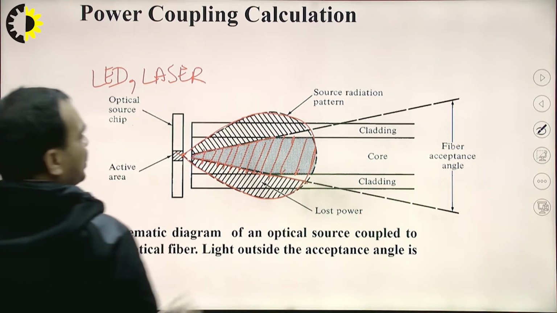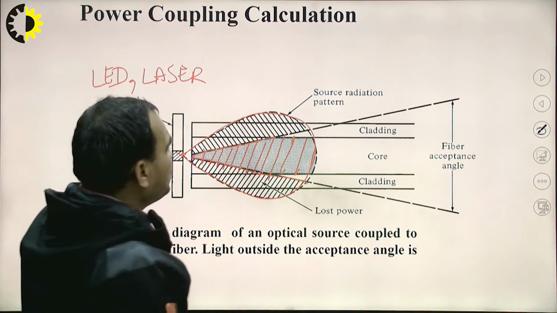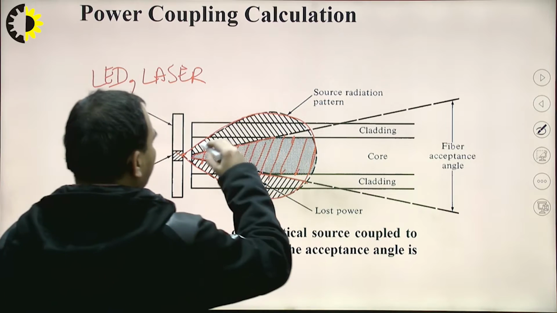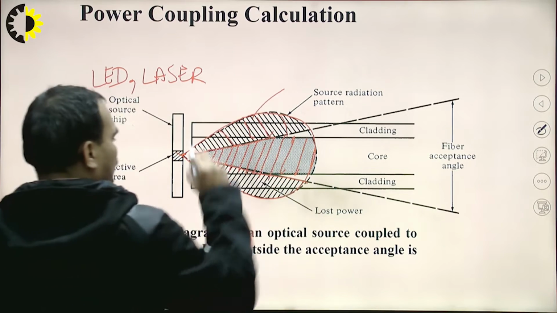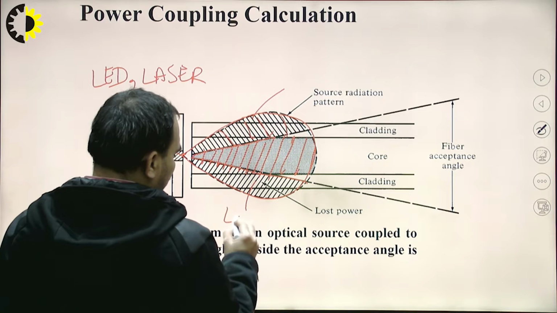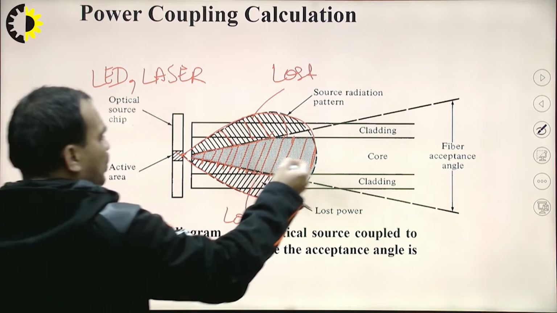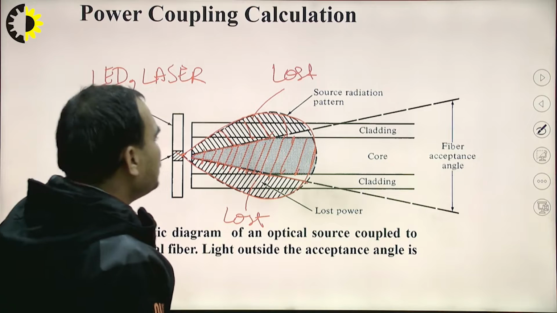This means only the overlapping region will participate in the propagation of light, and the remaining part will be lost in the form of radiation. So this is the lost power and this one is the lost power. Only the overlapping region will be participating in the propagation of light.